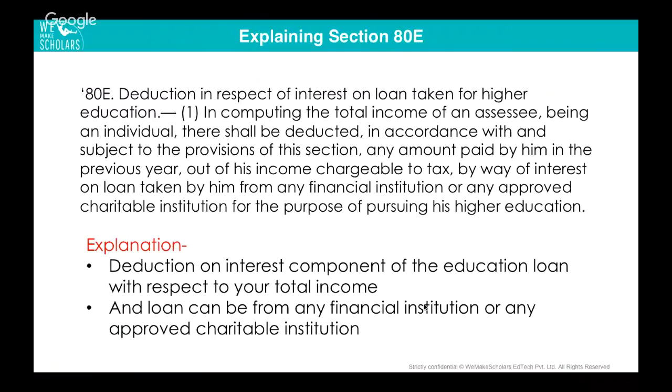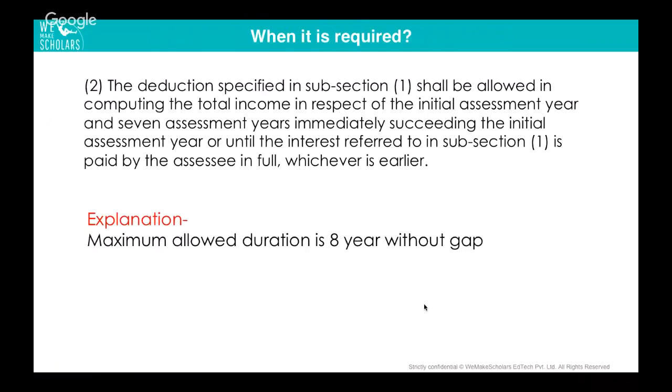If you're in the tax bracket of 20%, then the exemption is also 20%. The third thing you learned is that it is for a loan from any financial institution or approved charitable institution. The fourth thing you learned is that you can claim it for up to 8 years, and these 8 years start after your moratorium period.